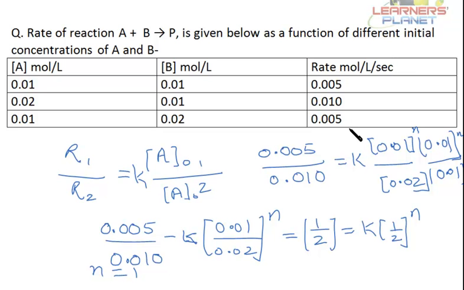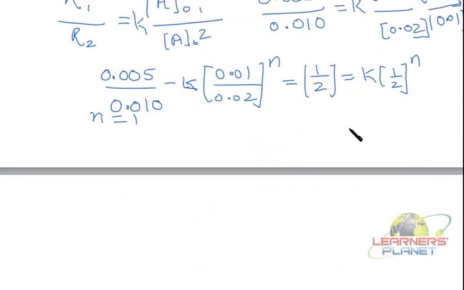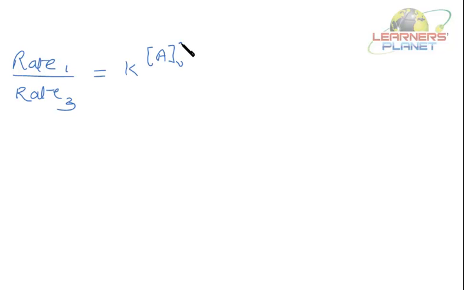What I'll do is, let's take up the rate of the reaction, the initial rate in the case of the first experiment, divided by the initial rate in the case of the third, right? And that is equal to K, the concentration of A in the first and the concentration of A in the third, right?